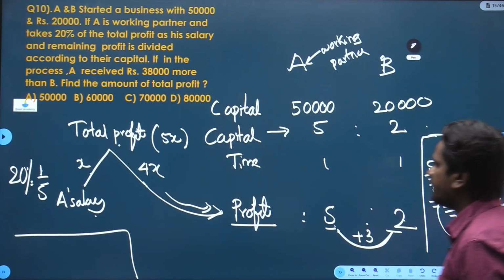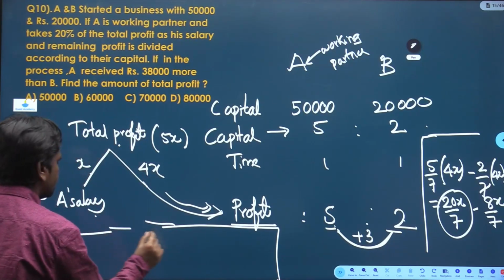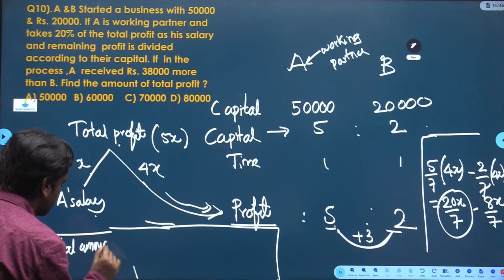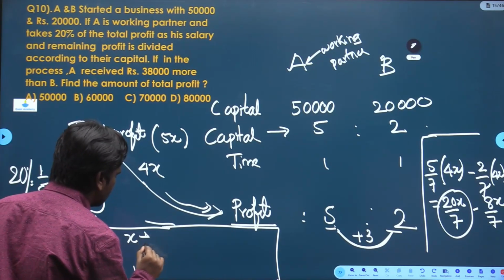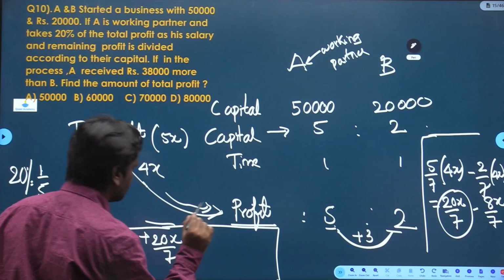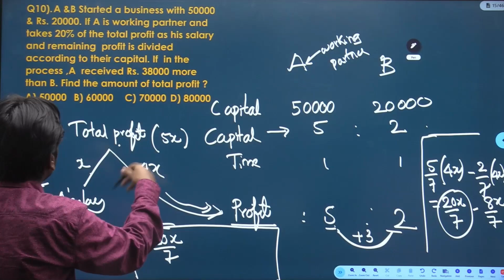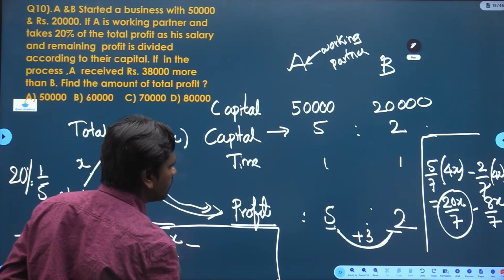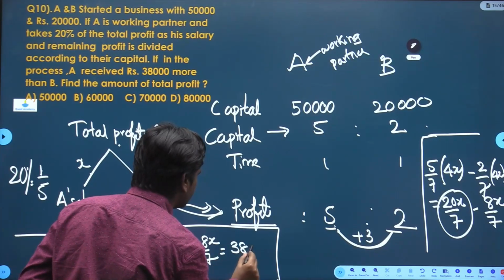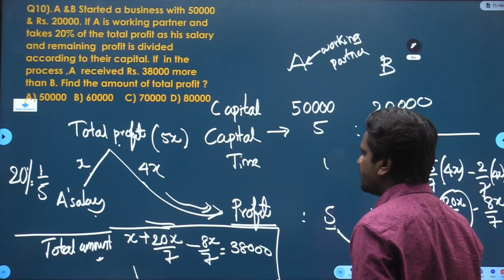So the total amount he receives is x plus 20x by 7. But he receives 38,000 more than B. B receives 8x by 7. So this is nothing but 38,000.